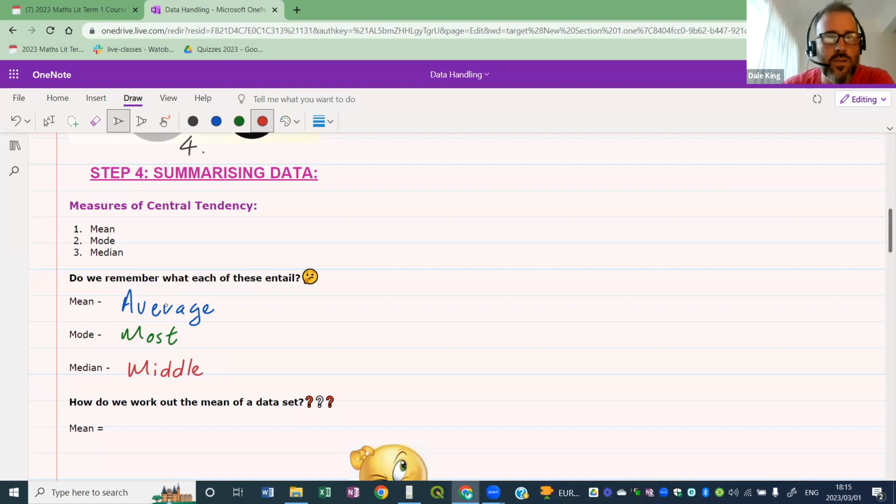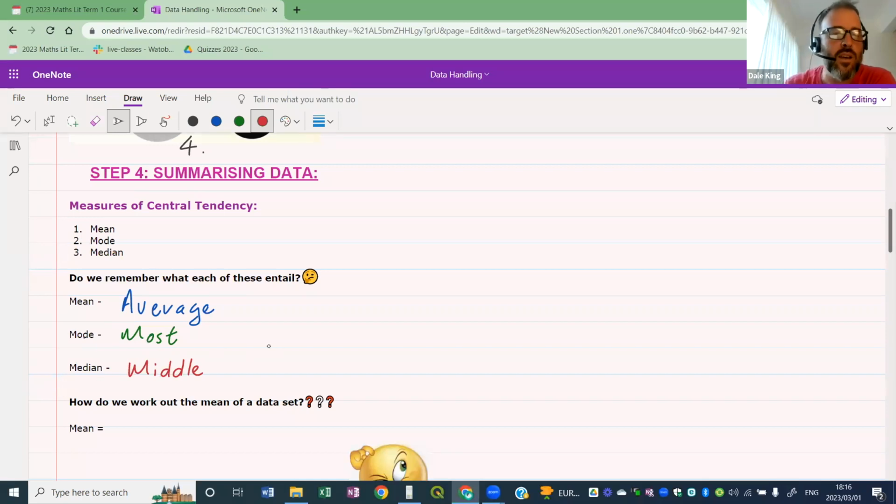All right. So if you can link up these actions or words with these M words here, measures of central tendency, you'll know what to do. Like we couldn't remember the word average, but we know how to work it out. So if you can link up the word average with mean, then you'll know what to do. So the first part is figuring out which one they are asking. So mean, average, mode, most, median, middle.